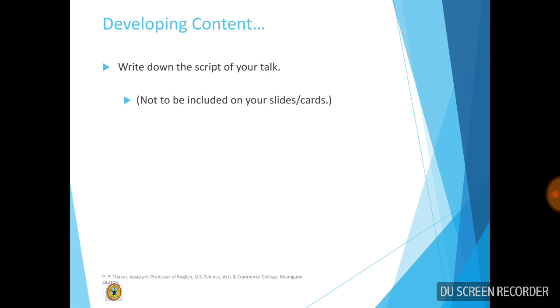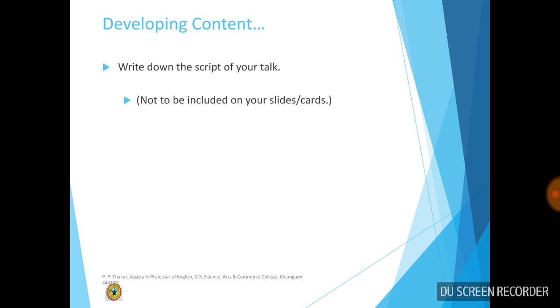Sometimes what people do is that they put paragraphs with 10-20 sentences on one slide and then simply read out the paragraphs. It is important to know that the audience can read the paragraph. It is not necessary to put an entire paragraph on the slide and then read it out in front of the audience.